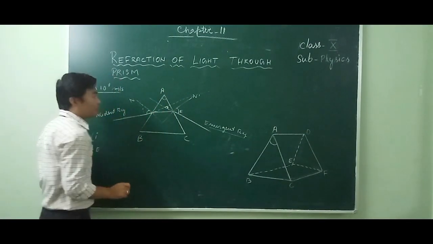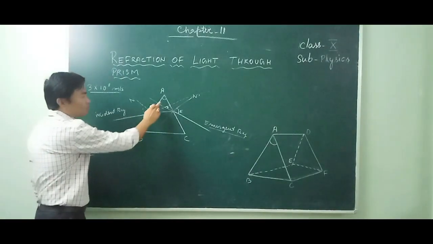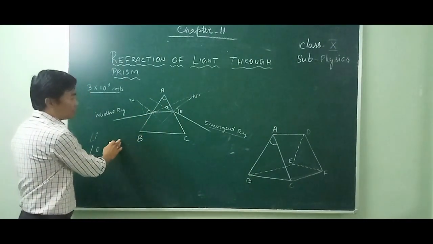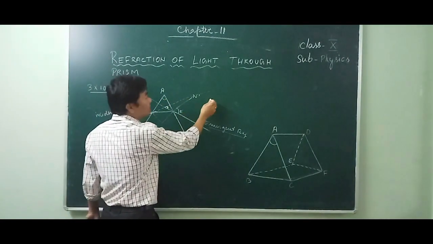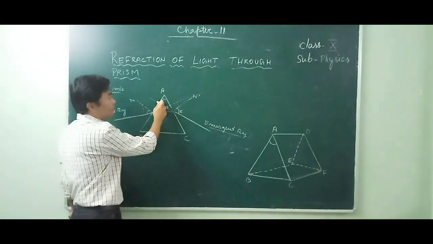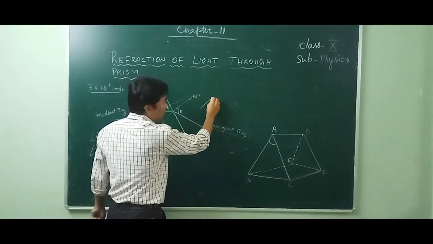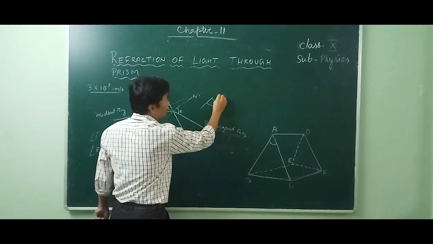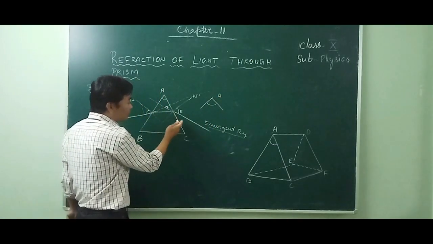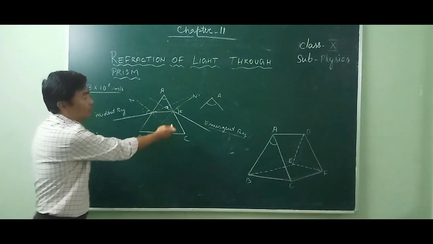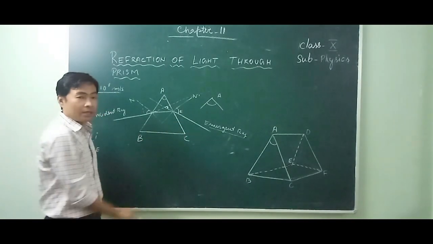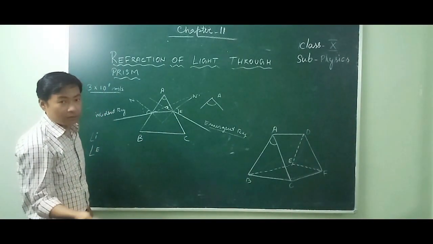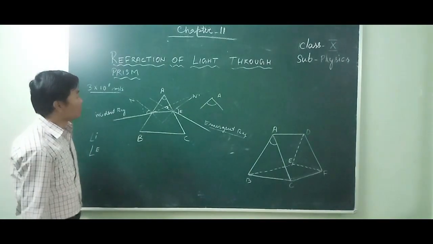Angle A is the angle of prism. If we increase the angle of prism, angle A, the deviation of the path of the light ray is going to increase. It means the bending of the light is going to increase.